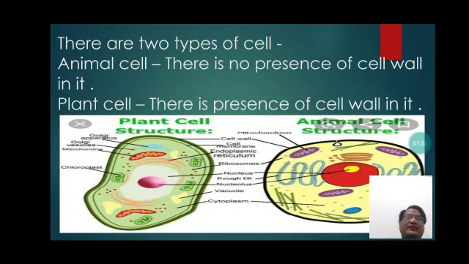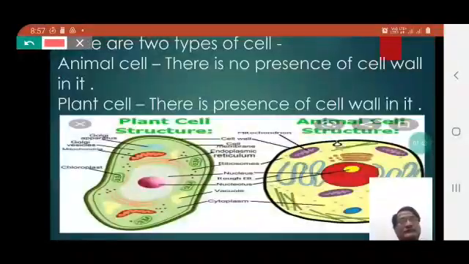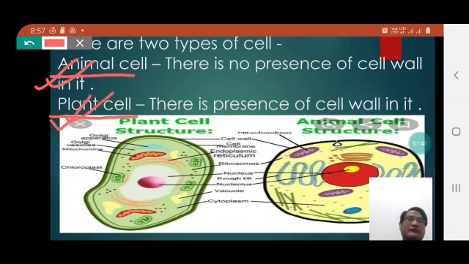There are two types of cell, animal cell and plant cell. So students, you can find the two different types of cells, animal cell and the plant cell. The identifying feature of the animal cell is that there is no presence of cell wall in it.